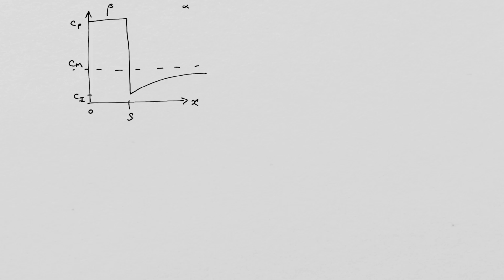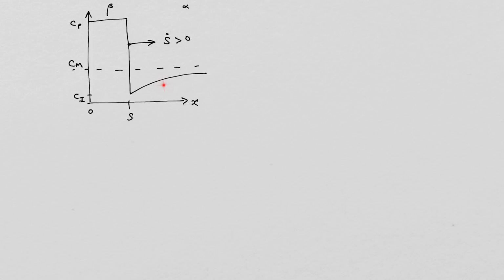We're going to study a situation, and under this situation it's growing. S dot is greater than 0 because you can see that the slope dc by dx is positive just outside the precipitate.